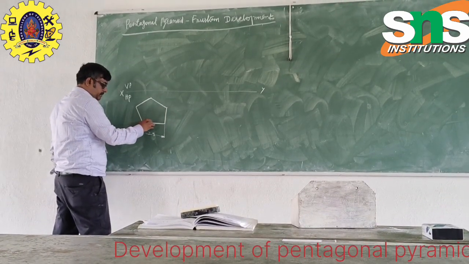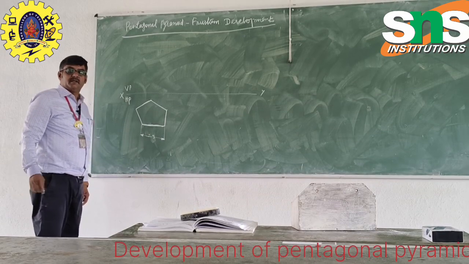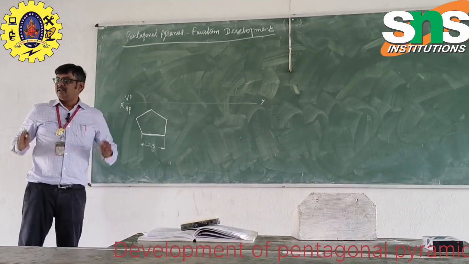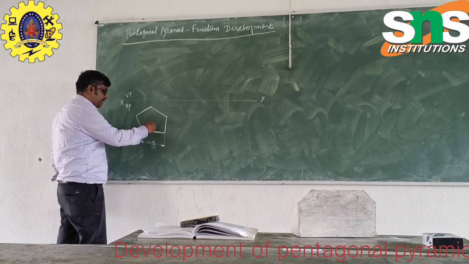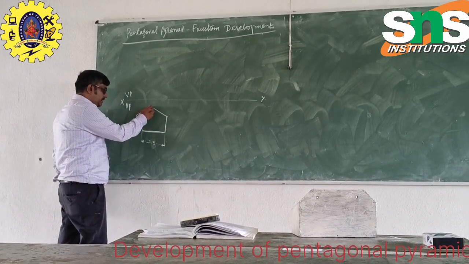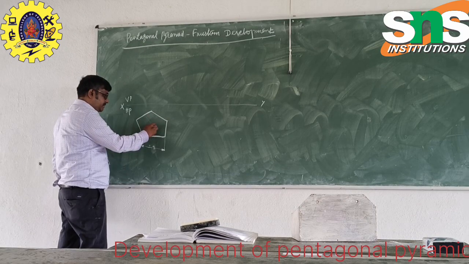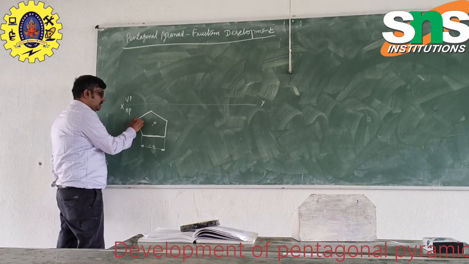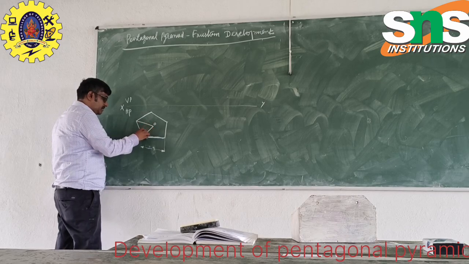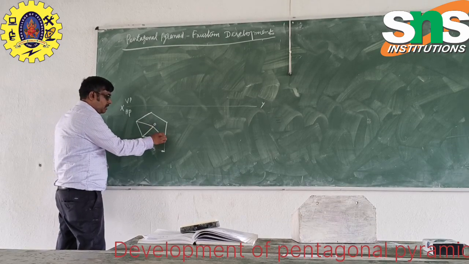And give the name. It's a pyramid, it's supposed to have the apex. So the apex is marked at the center point, where it is intersecting, that is the center point, which is O. All the corner edges must join the apex.